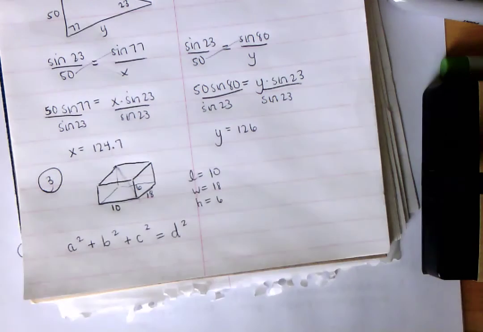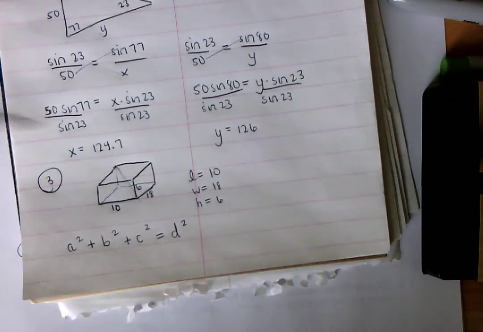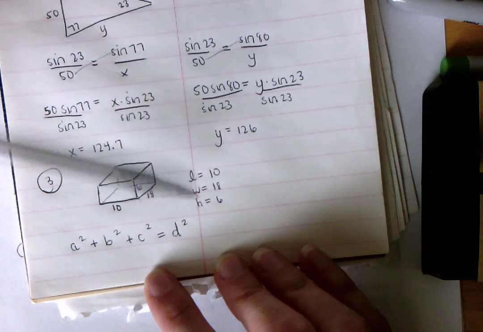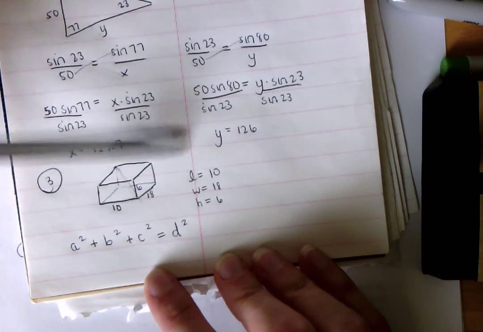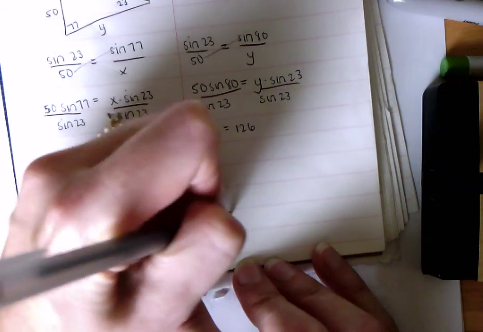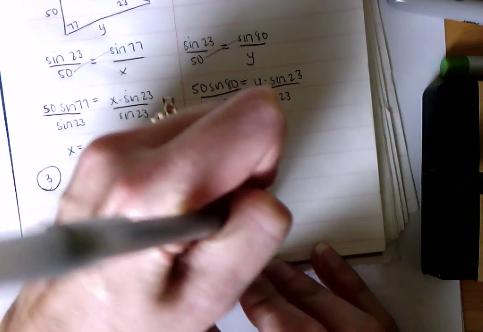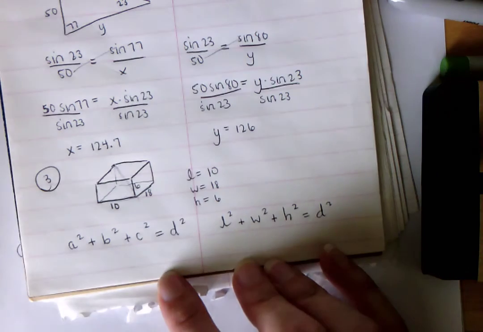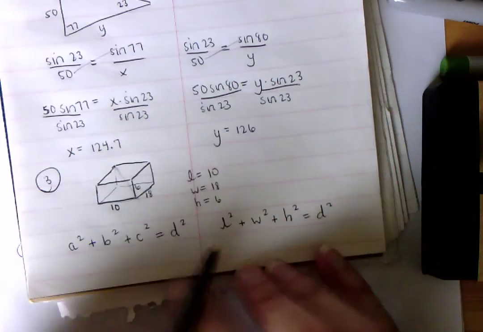So now all we have to do is fill these in to find the diagonal. So just fill in all these different variables. Basically, if you were to rewrite this using our variables, it would be length squared plus width squared plus height squared equals the diagonal squared. Okay, so we can fill those in.